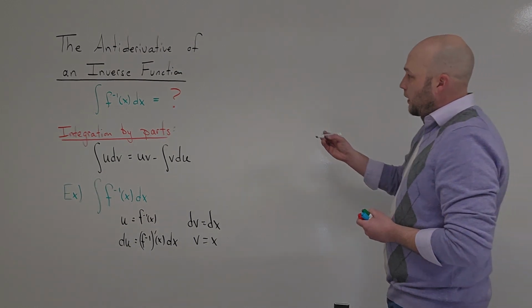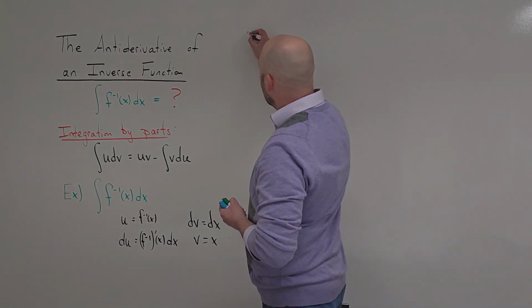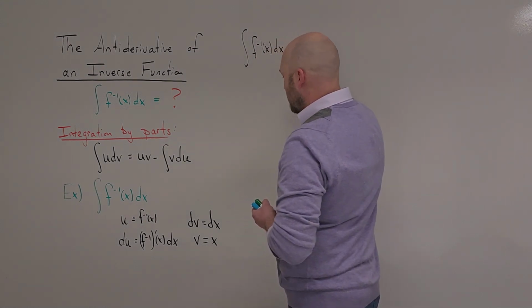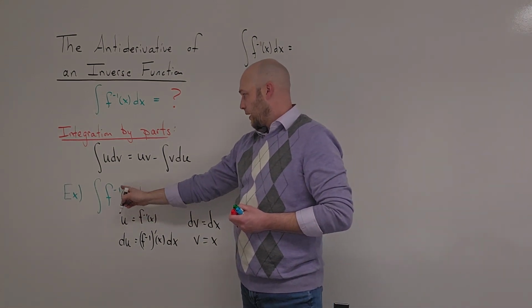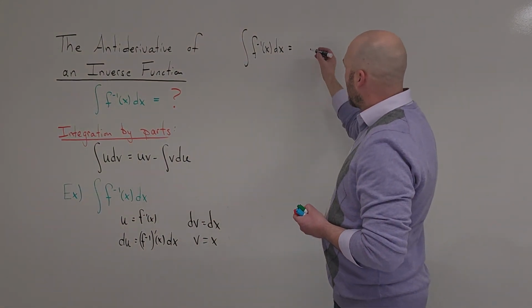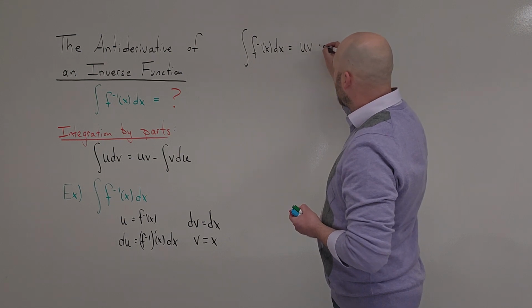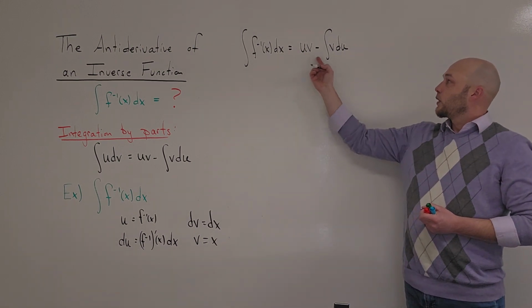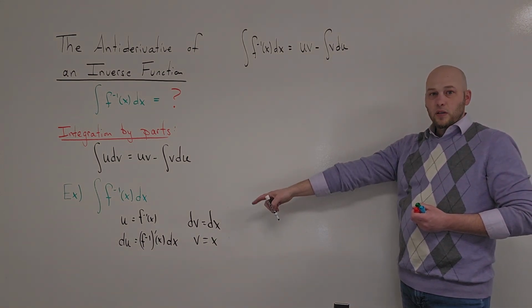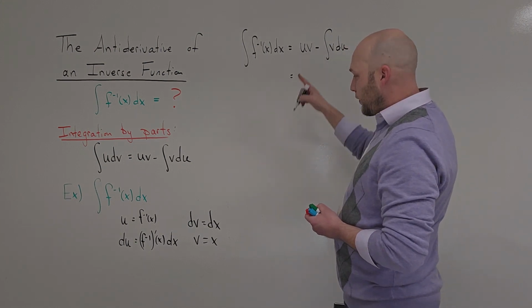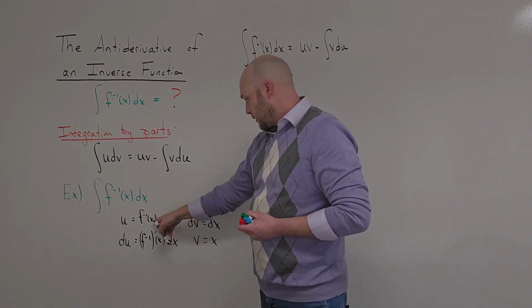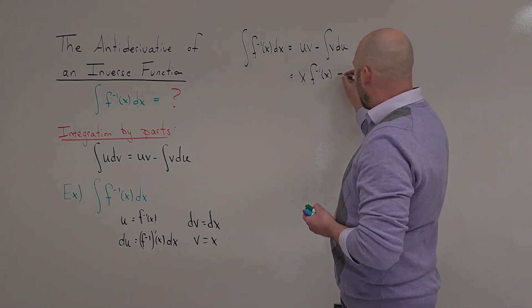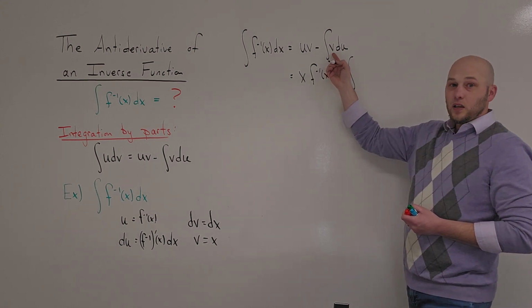All right, the integration by parts formula says that the integral of f inverse is, written in the format for integration by parts, uv minus the integral of v du, and I know what all these terms are from my choices down below. uv is x times f inverse, minus the integral of v du.